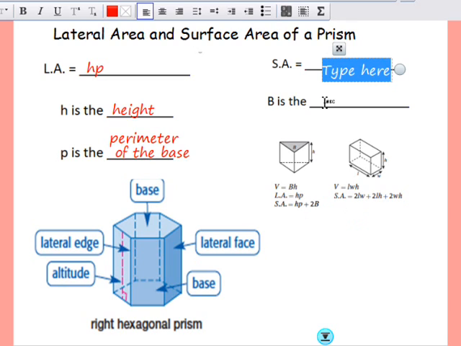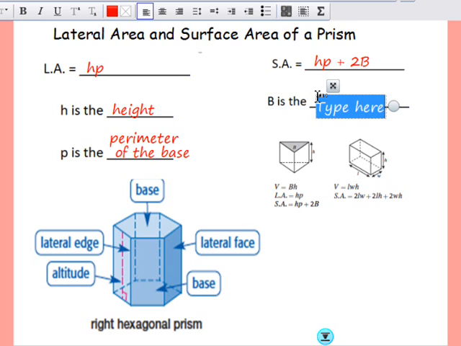I prefer this formula over here, HP plus 2B, because it works for every prism, no matter what the base is. If it's a triangular prism or a pentagonal prism or whatever it is, that formula works for all of them. And capital B is the area of the base. And this is why the capital letters and lowercase letters matter.